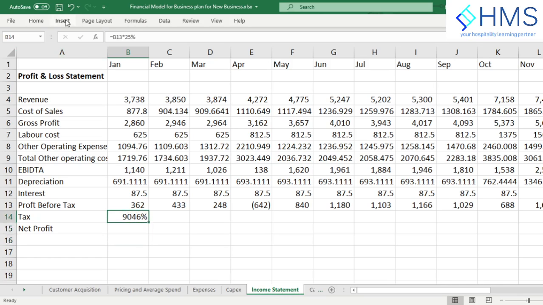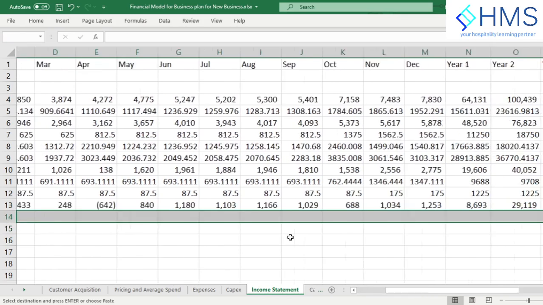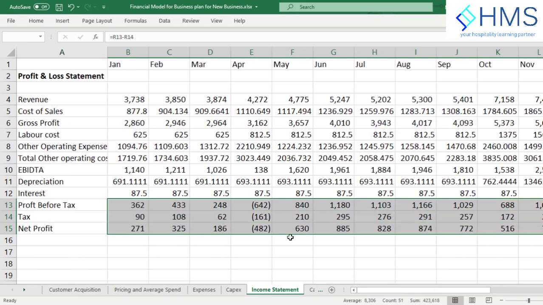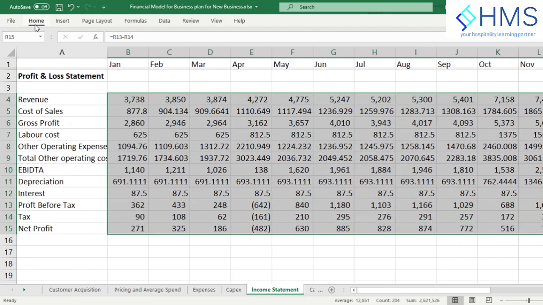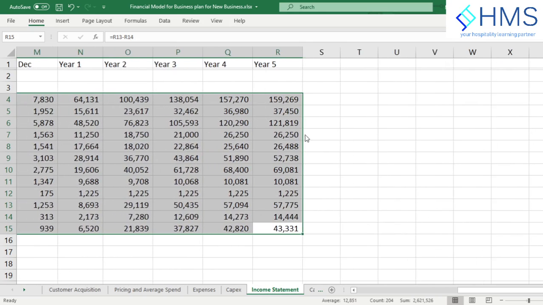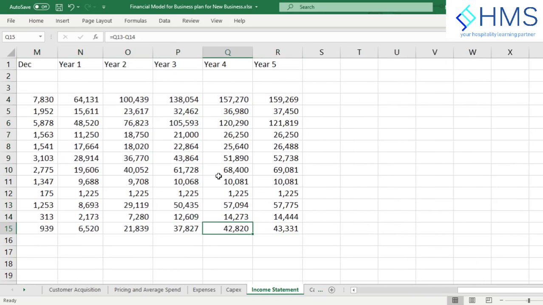Yes, and this minus this. So this is your little income that you have every month. But at the end of the year, you will see it's quite a lot. This is our income.